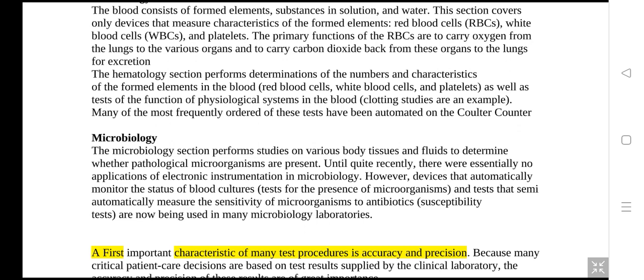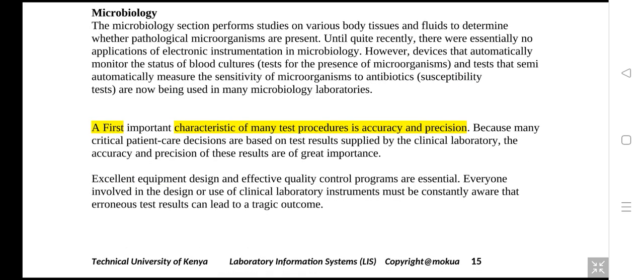It's also parasitology and many more. There are many sections of the lab, but what we are interested in is that whichever the section, the specimen is processed and then analyzed to produce some kind of information.